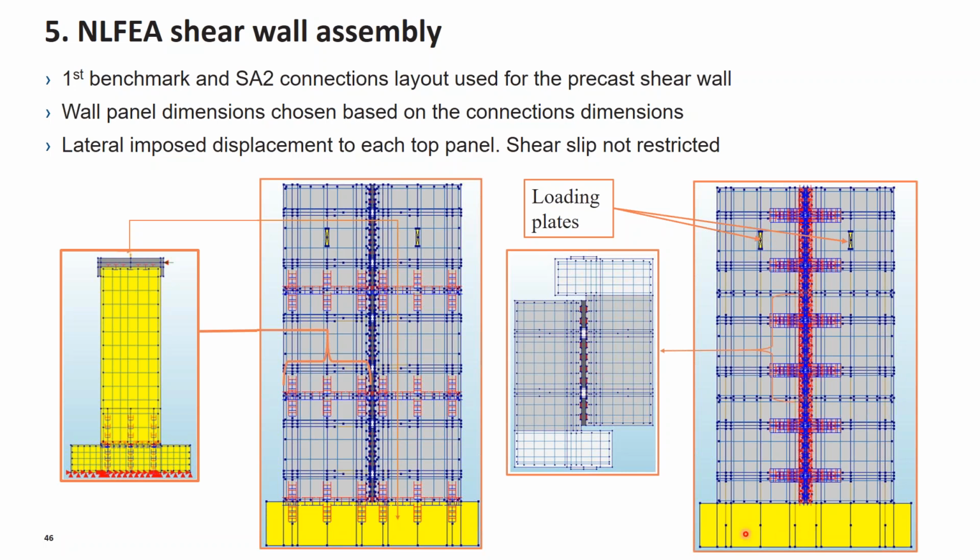And I used linear elastic foundation and two loading plates to apply incremental displacements. The reason for applying the loading at two points is to avoid applying any pressure on the connection or applying any tension.